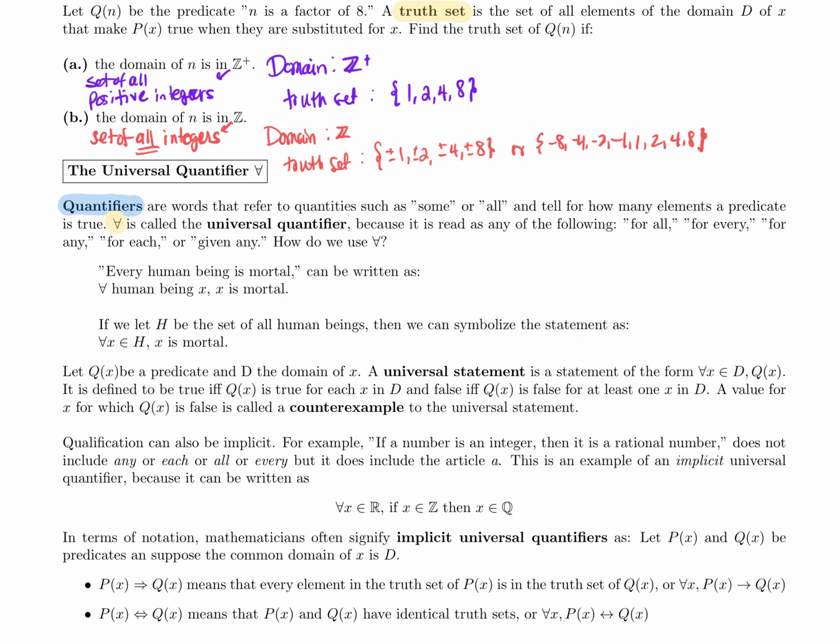How do we write these things? Well, we now have this upside down A. I told you we have an abbreviation for everything. The upside down A is what we call our universal quantifier because it is read as any of these different phrases: for all, for every, for any, for each, or given any.